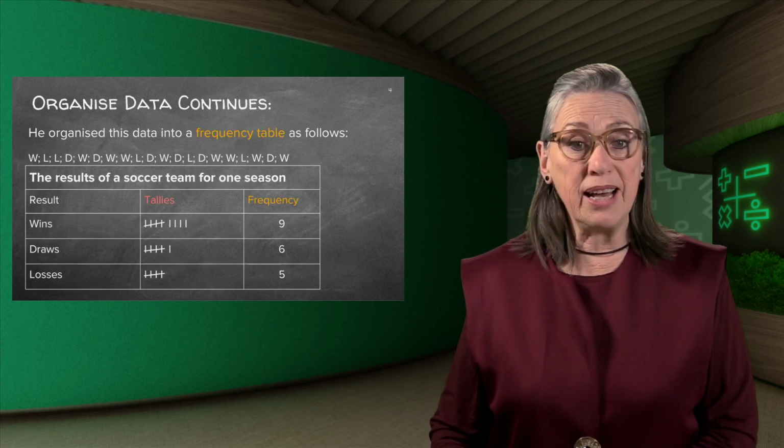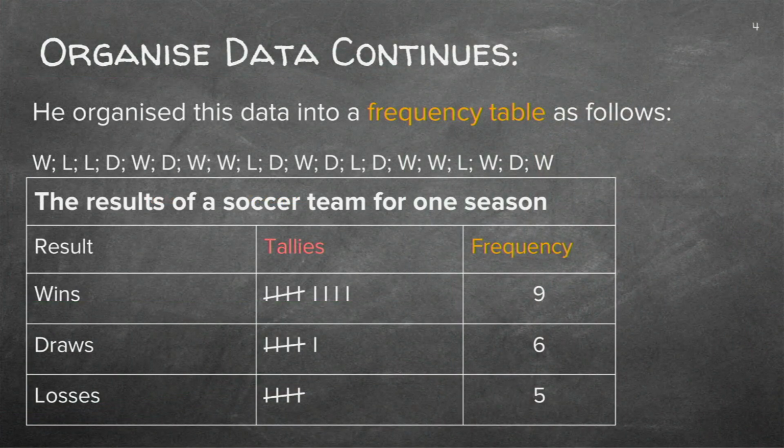So we're going to organize this in a frequency table. Remember I said there's a column for the result: wins, draws, and losses, then the tallies, and the frequency. I've repeated the results at the top there. You can see the wins: 1, 2, 3, 4, 5.